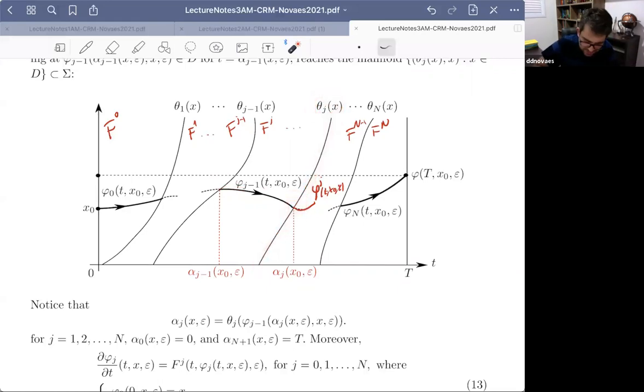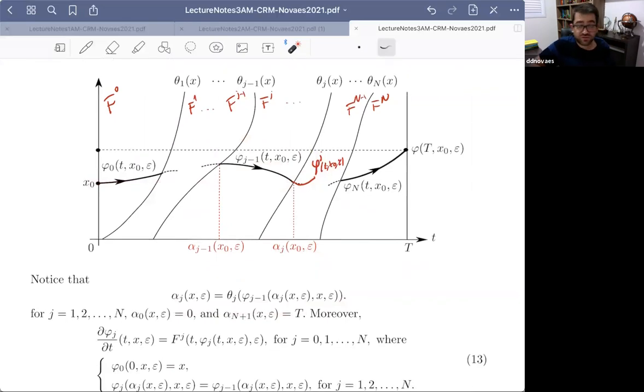Note that alpha j corresponds to this point, it's on this curve, so it's equal to theta j computed at this x. It's not x0, it's close to x0, but it's exactly this function evaluated at t equal alpha j. So we have this implicit relationship for alpha j.